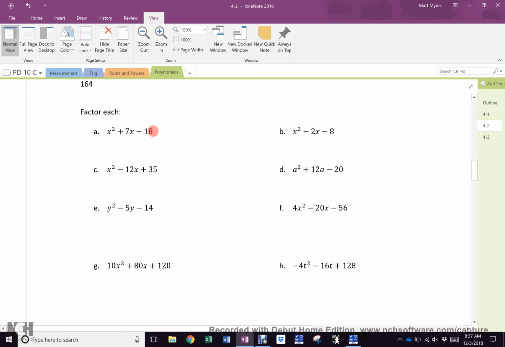Let's make sure. What do I have to multiply to and add to in the first one? Multiply to what? Negative 18. Add to what? 7. Is it 1 and 18? Will 1 and 18 get me to 7 in any way when I add them? Is it 9 and 2?